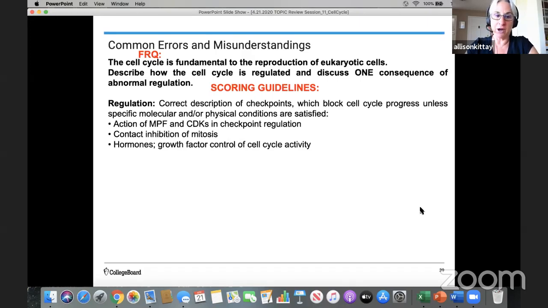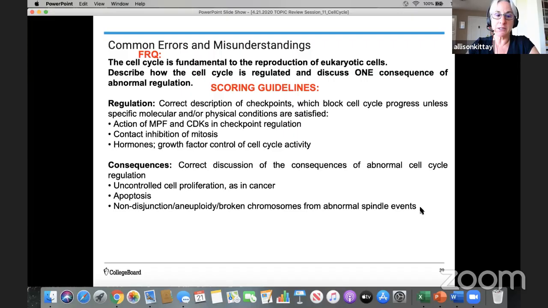You also needed to talk about contact inhibition. Those are external factors, that density-dependent inhibition. And then hormones or growth factors. I gave you the example of the platelet-derived growth factor. So all of those things needed to be discussed.